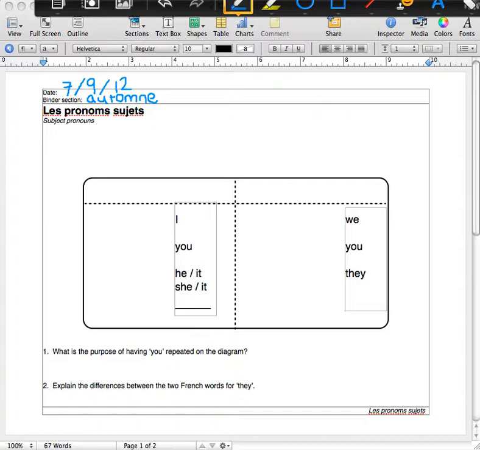Now, as we talk about our subject pronouns, we have this diagram divided a couple different ways. So the first thing is we're going to write the word singular above that first column there. This side is singular, which means it's reserved for one person. We can only use these to talk about one person. And if you're any good at predicting, then on the other side, drum roll please, is plural.